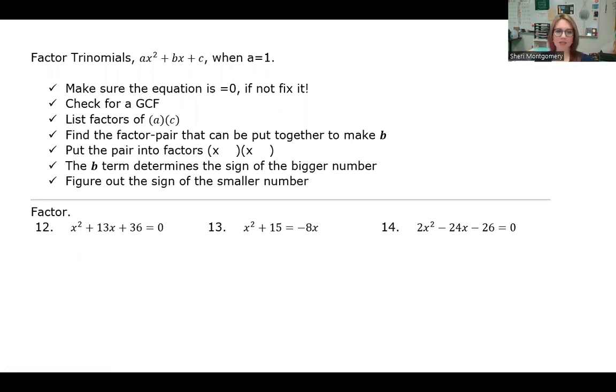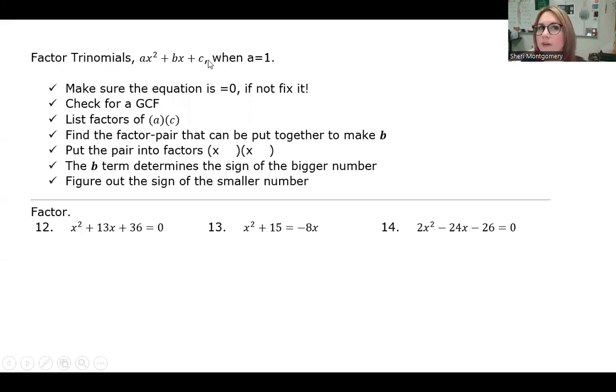All righty, on to the back. We are going to factor trinomials. This is something you were supposed to learn in Algebra 1, but I know the struggle was real, so we might be learning it for the first time today. Tri means 3, so you've got 3 terms: 1, 2, 3.